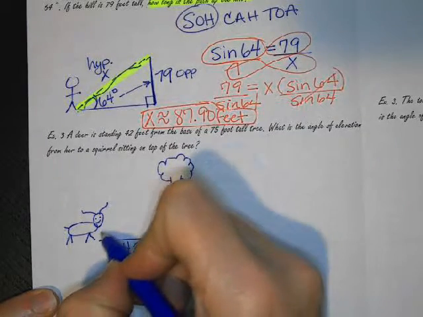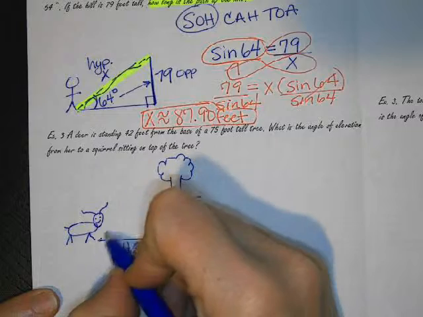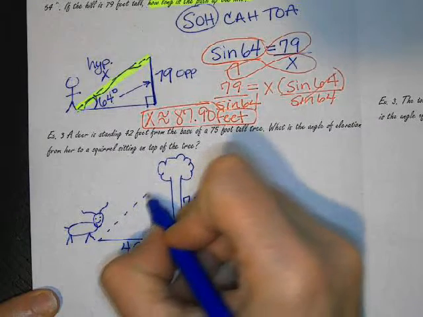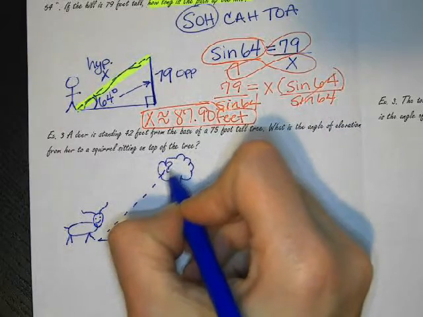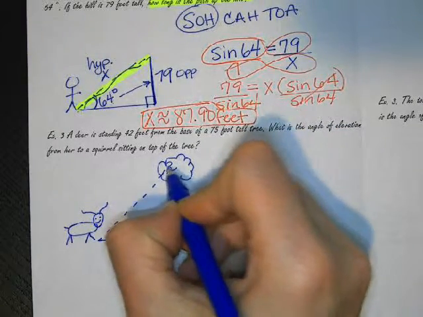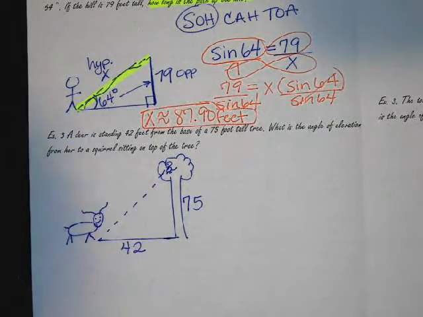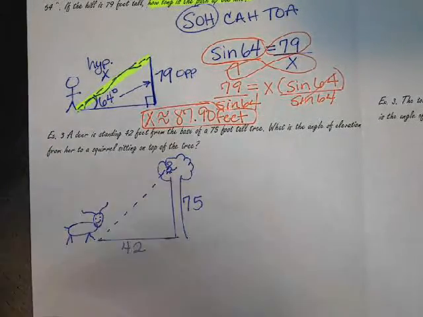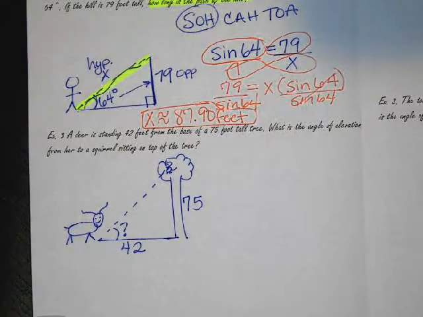So remember, we're going to actually say our horizontal is going to be on the ground. So our line of sight is going to start on the ground to the top of the tree. And there's a squirrel up here in the tree. There's his little tail and his feet. Okay, he's looking up at the squirrel. Okay, so what is the angle of elevation? So here's the angle of elevation. That's what we're looking for, right?